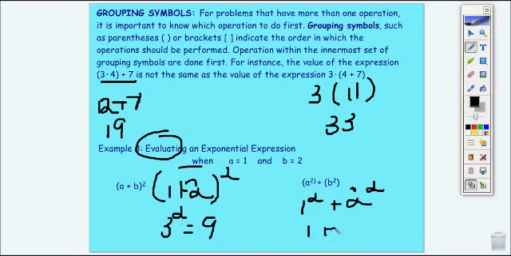And 2 squared would be 2 times 2, which is 4. So my total in this one is going to be 5. 1 plus 4 equals 5.